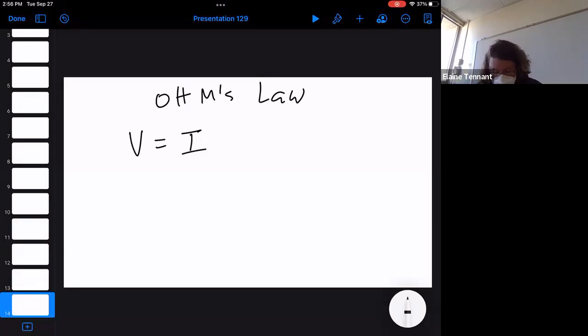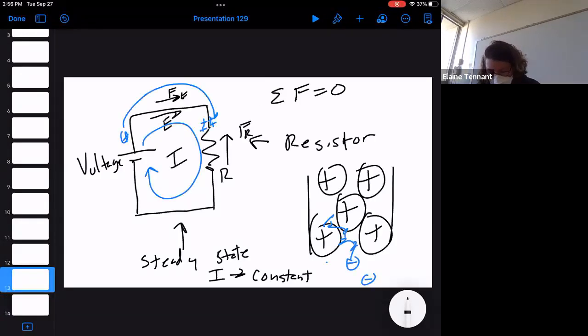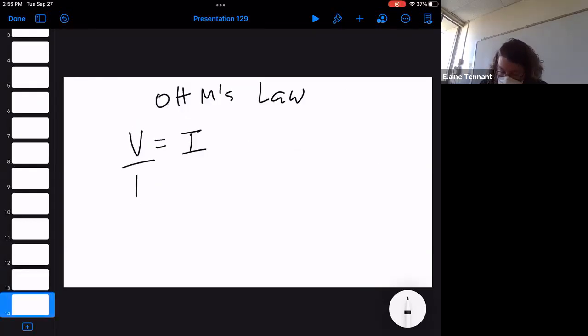What about the resistance? If I have a certain amount of voltage, and I have a bigger resistor, do you think I'm going to have a bigger current or a smaller current? Smaller. Okay, so my current and my resistance are going to be inversely proportional.